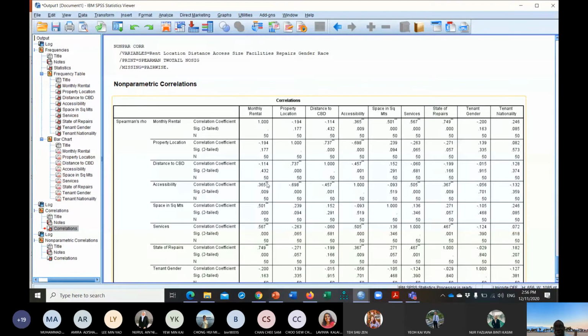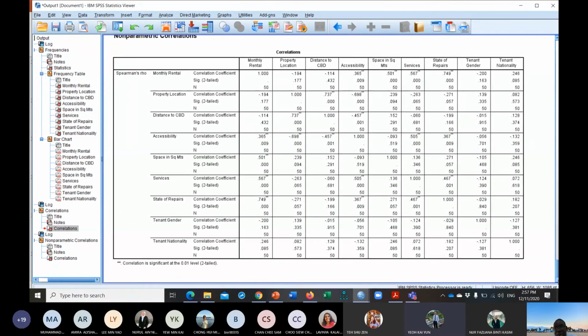Normally our confidence level is about 95%, which is 5% error. So when the error is less than 0.05, it is significant. So the essence of the star is just a flagging of significant correlations, so that when you are looking for which one is significant, you will quickly see them. Does that answer your question?